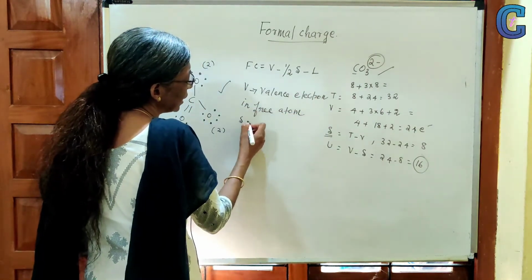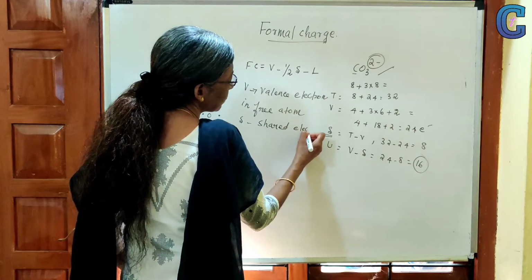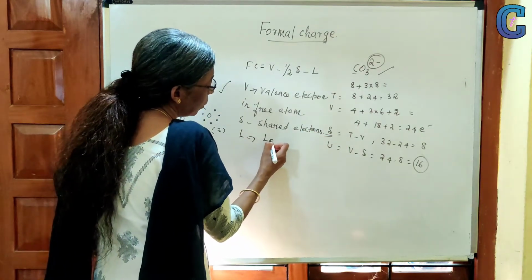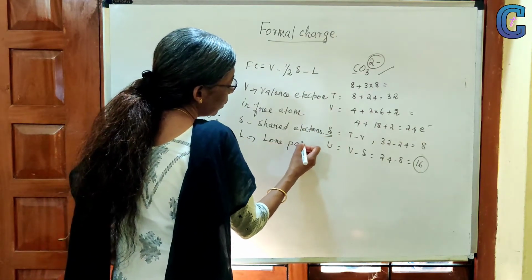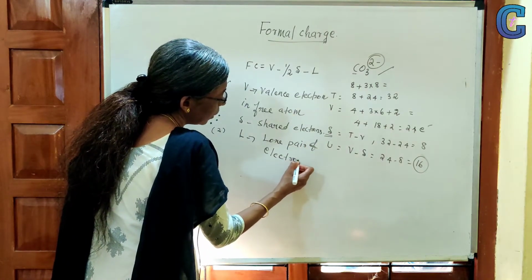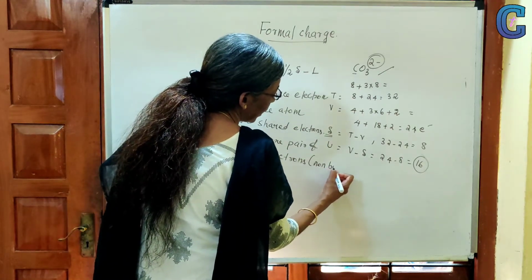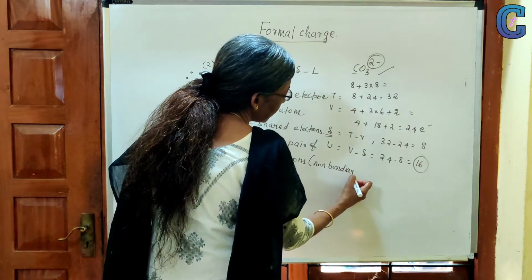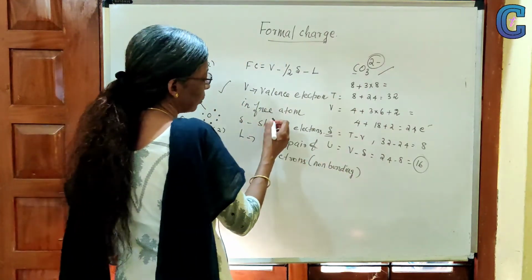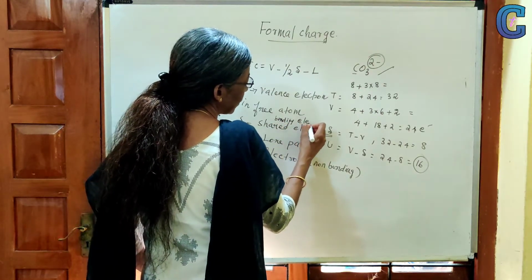Second one, S is shared electron, that means bonded shared electrons. L is lone pair, lone pair of electrons. Lone pair electrons are non-bonding electrons, and shared electrons are bonding electrons.